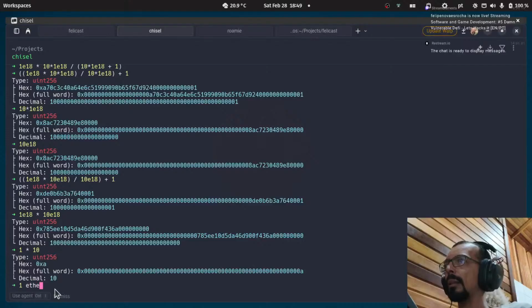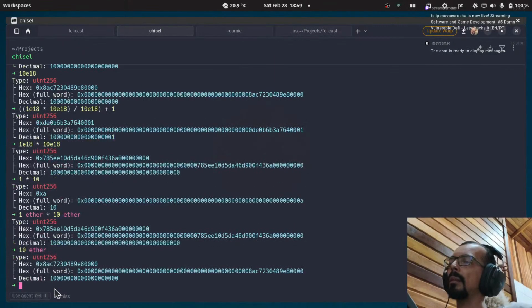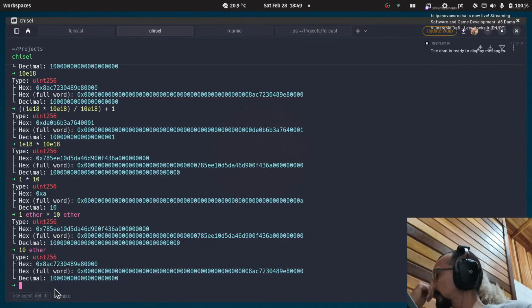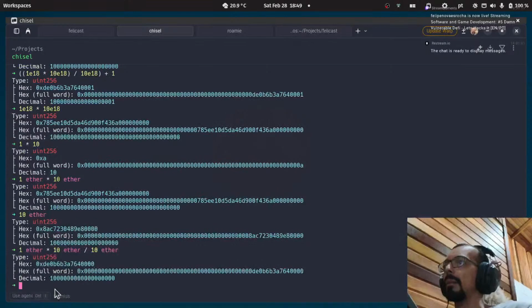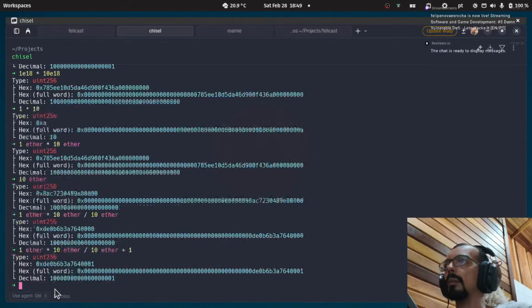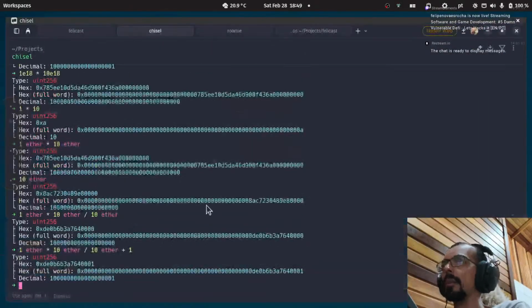Okay, 1 ether plus 10 ether and 10 ether, because of the zeros, right? Divide by 10 ether. Plus 1. String, that's like one way. That's the string part.